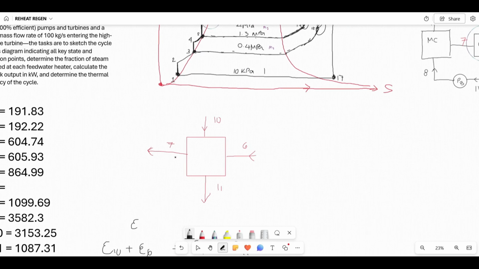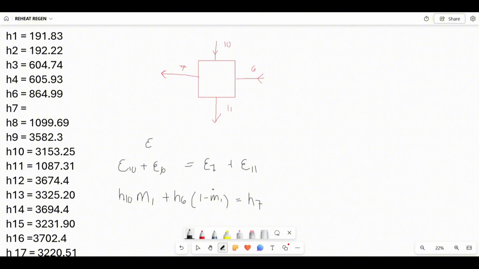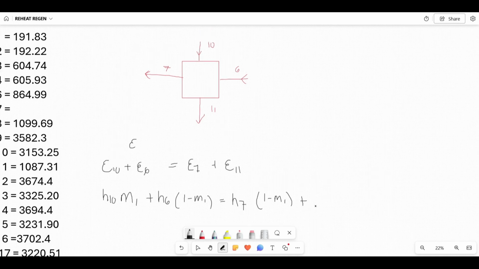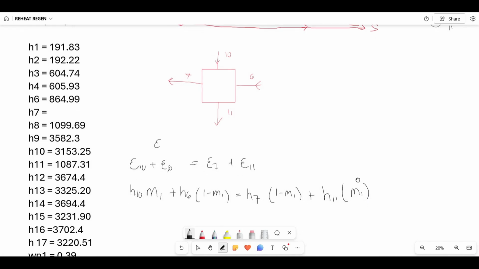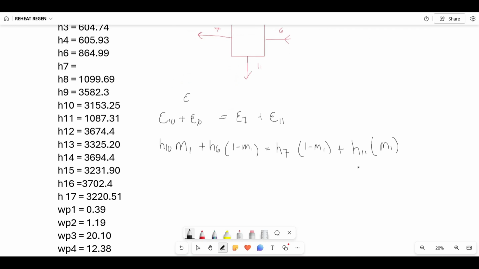If you look at this part right here, H7 times mass. So what's the mass of H7? Still the same as H6, 1 minus M1, plus the output of H11, which is M1. We have values of H10, H6, H7, H11. Therefore, we can solve to find M1 as the missing value.